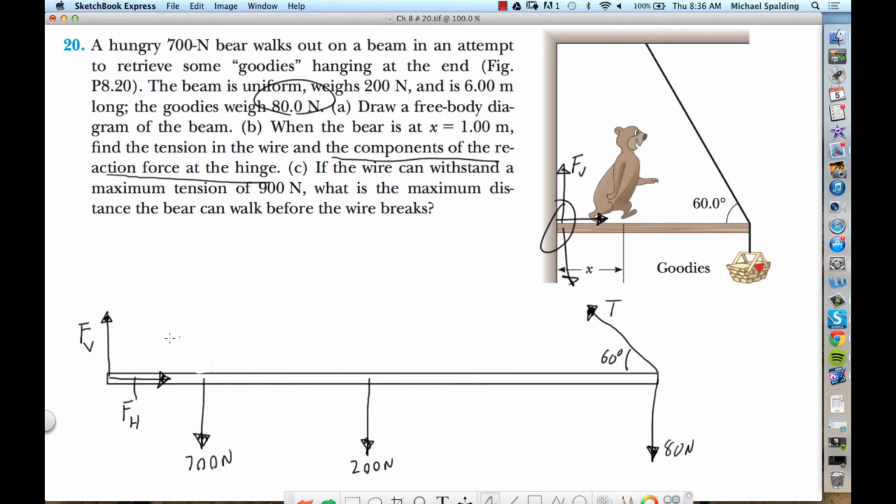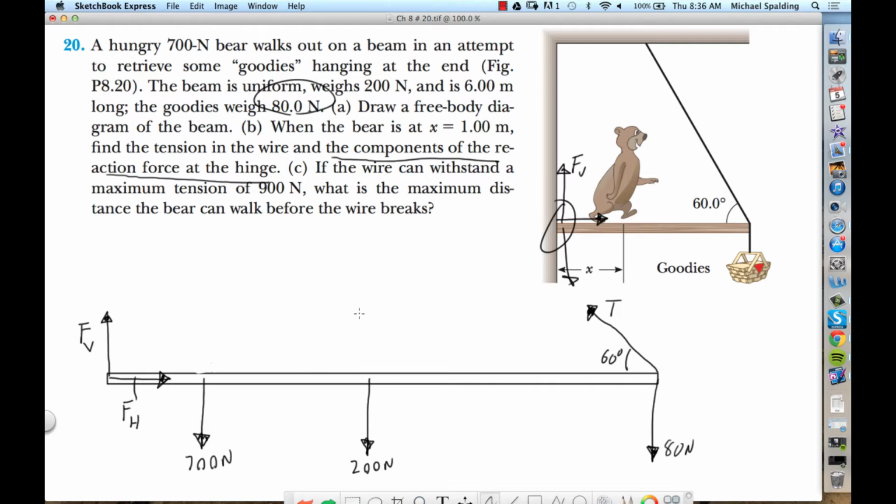Now, okay, so we're ready for distances. Now look, distances have to be measured from where? When we're doing torque, where do distances get measured from? The axis. You measure the distances from the axis. For a problem like this, no point stands out as being an obvious axis.